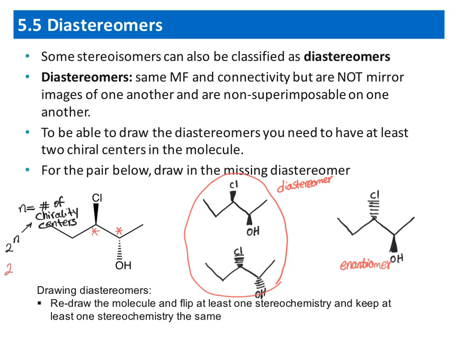Therefore, 2 to the power of 2 gives me 4. So I can draw 4 stereoisomers for this single molecule. One of these 4 stereoisomers definitely is its enantiomer, and the rest are its diastereomers. One of them is its enantiomer, and the other 2 are its diastereomers.